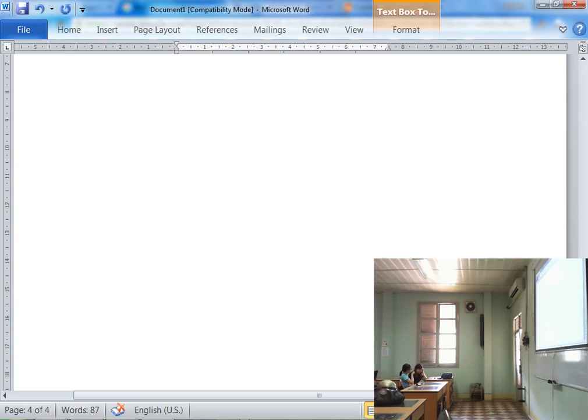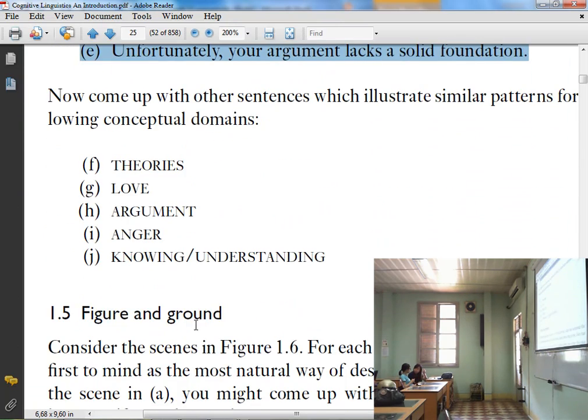Now, your turn to do the same thing with love. Now, love, what can it be associated to? Love is fire. Okay, good. Can you give me some example in English or Vietnamese? Đốt lên ngọn lửa tình yêu.